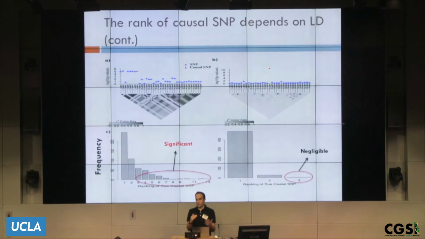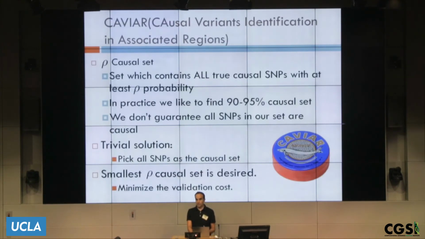And that just has to do with the fact that things are correlated. So our idea is to try to solve an easier problem, which is, instead of trying to find what is the causal SNP, we're going to try to come up with a set of SNPs that we think the causal SNPs will be inside. So this is easier, right? Because this gives us some ability to make some errors.